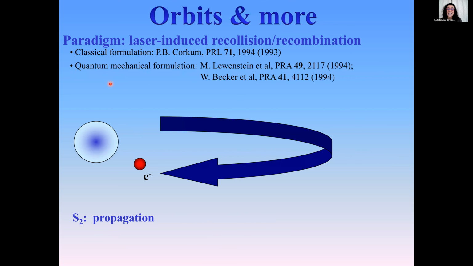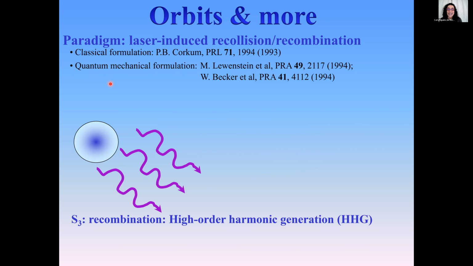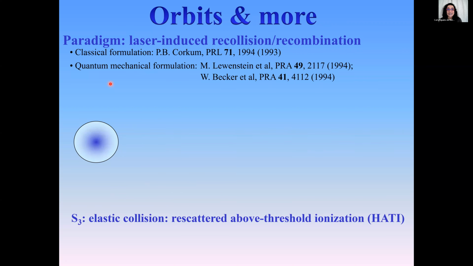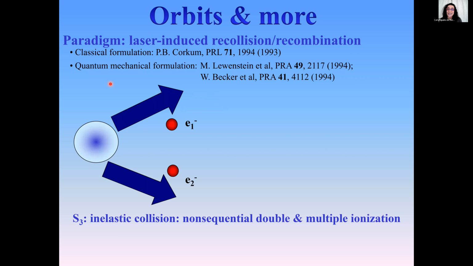This electron propagates, gets a lot of energy from the field, is driven back, and then if you recombine, all that kinetic energy is transformed into high frequency radiation, so you have high harmonic generation. If you rescatter elastically, you're going to have very high energy photoelectrons, and that's what we call rescattered above threshold ionization. If you collide inelastically, you give some energy to the core, and then you may ionize other electrons.